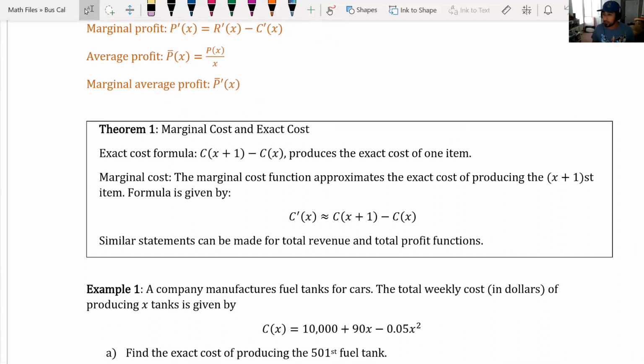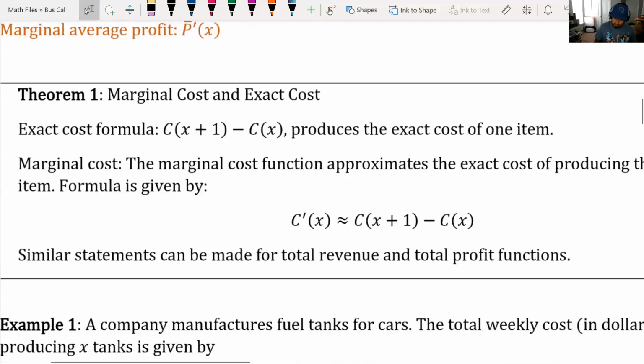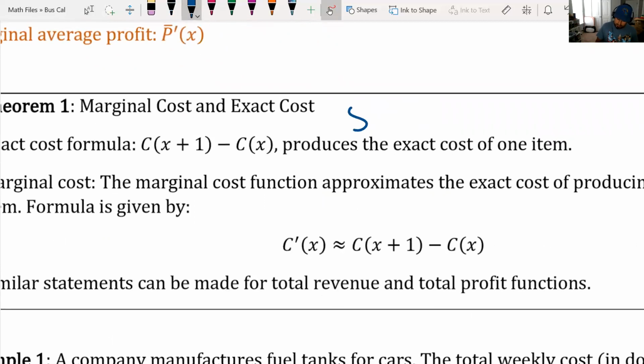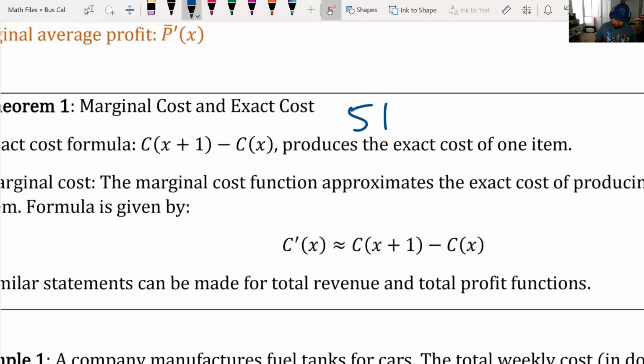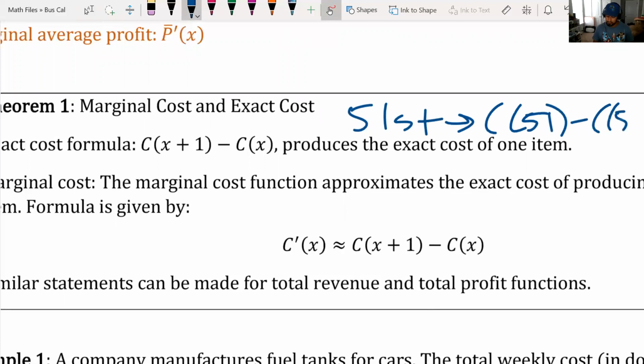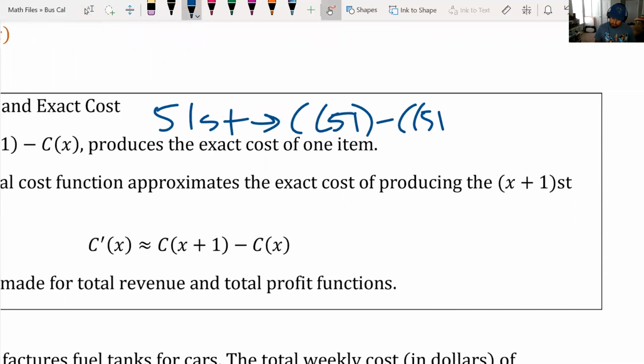You will do C of X plus 1, the X plus first item, minus C of X. So if we were told to find the exact cost of the 51st item, I would plug into the cost function C of 51 minus C of 50 to find the exact cost of the 51st item.